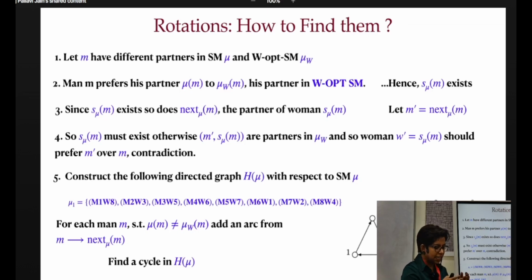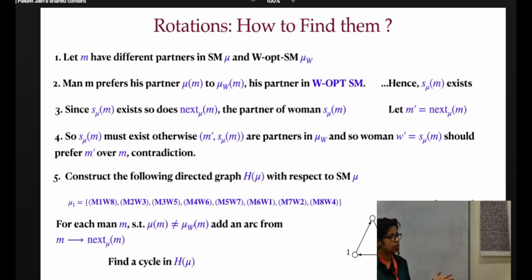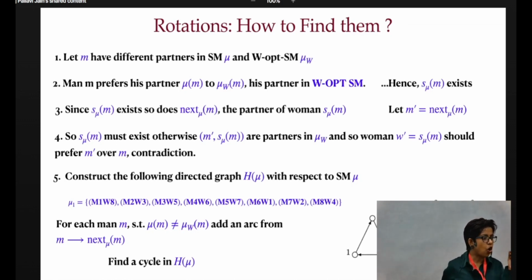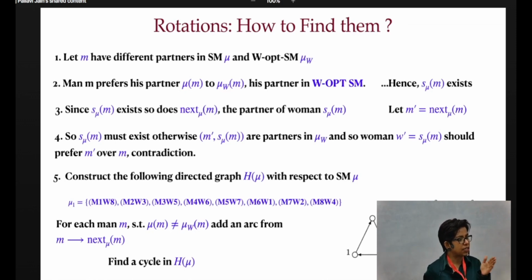Correct. At least in one given matching, you cannot have a man participating in multiple rotations, because for that you would need at least 2 outgoing arcs, and he has only 1 outgoing arc. In a single matching, all rotations are vertex disjoint.